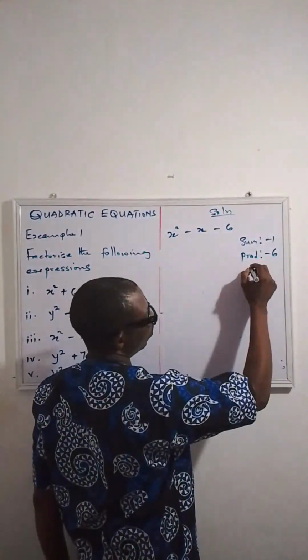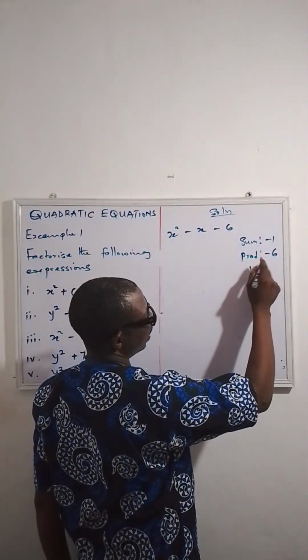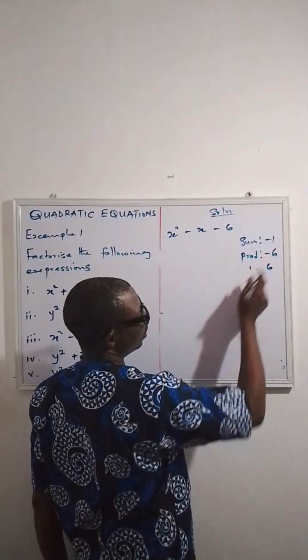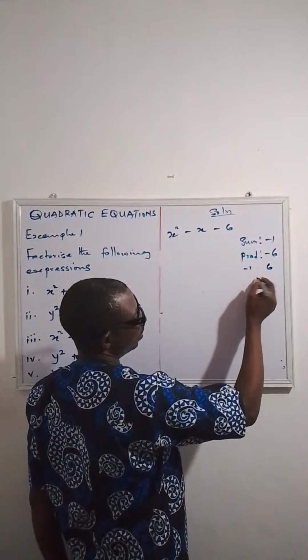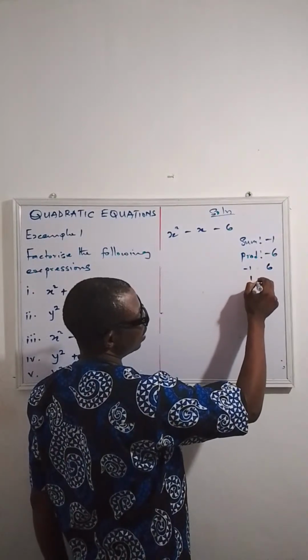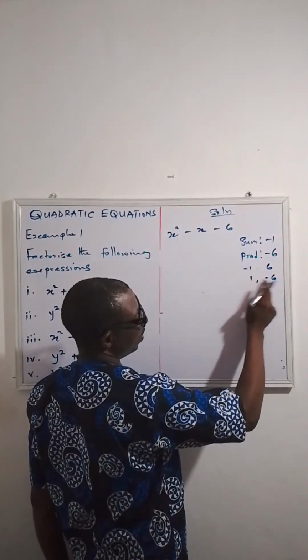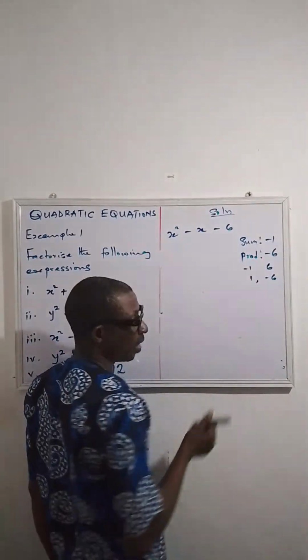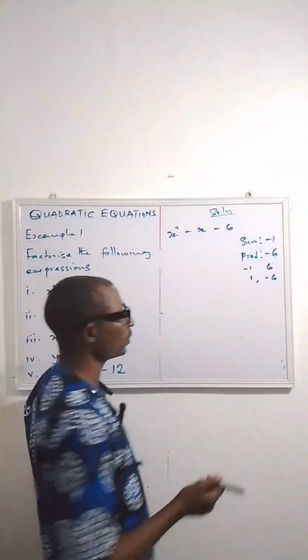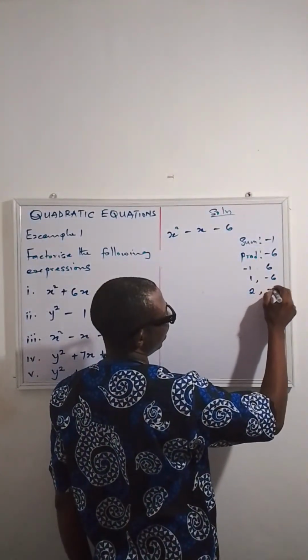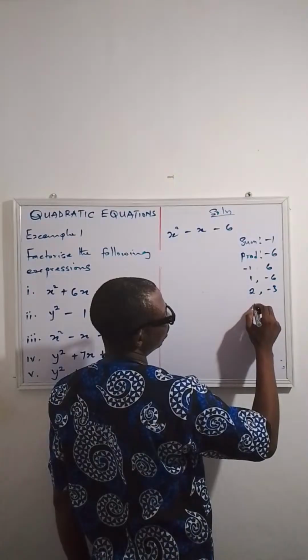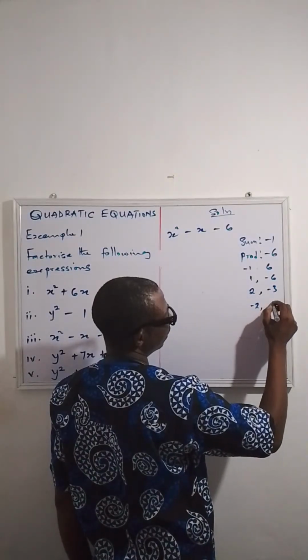If you can do that, let's look at it. I have 1 times 6, so I can have 1 and 6 because 1 times 6 gives me 6. But since I need minus 6, I put a minus there, so I can also have 1 and minus 6, or minus 1 and 6. Or I have it this way, 2 and minus 3, or minus 2 and 3.